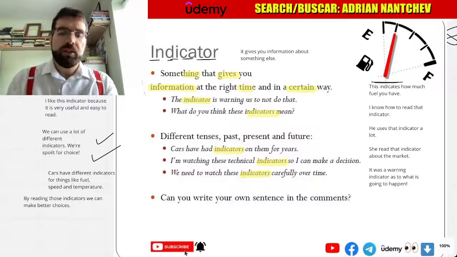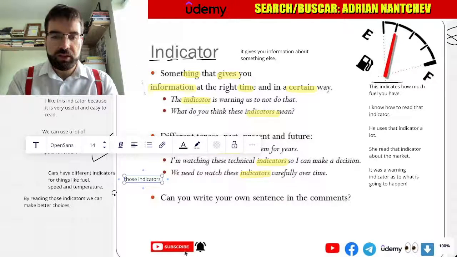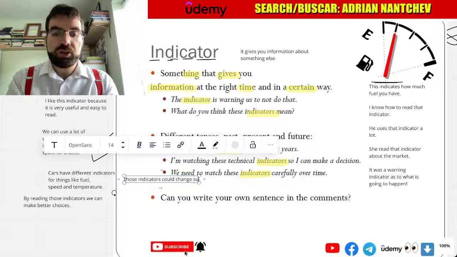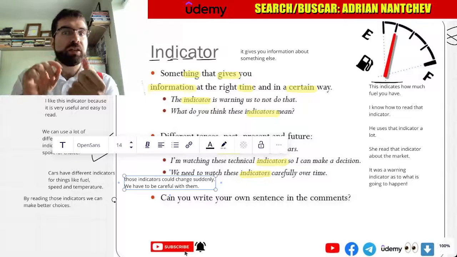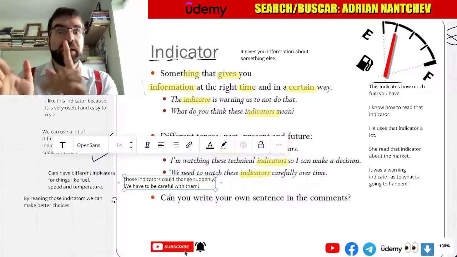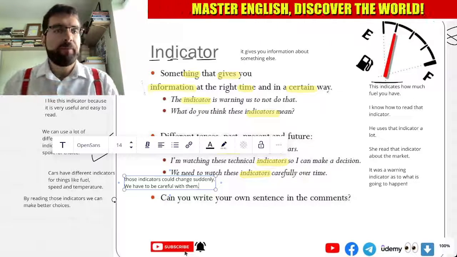Those indicators could change suddenly. We have to be careful with them. How cool is that?